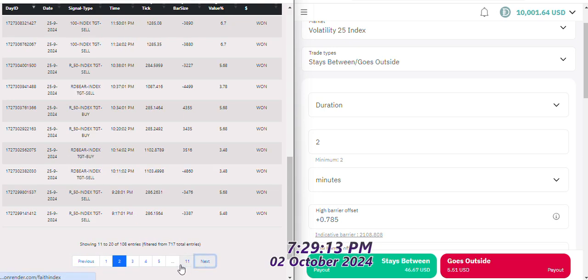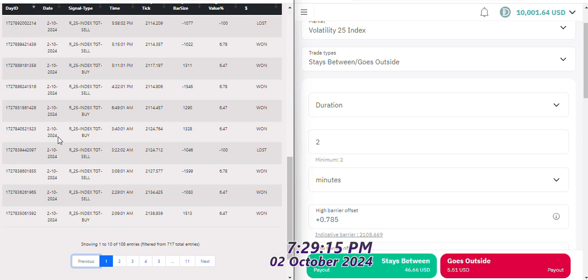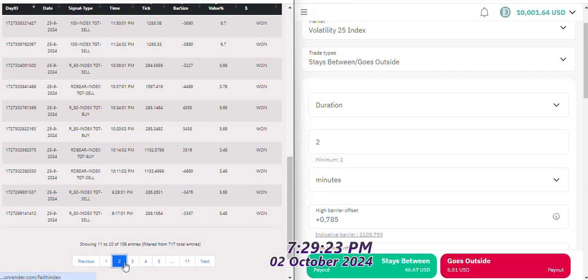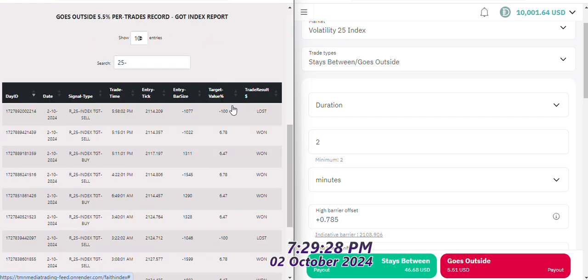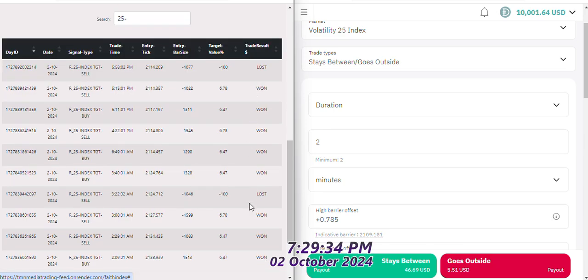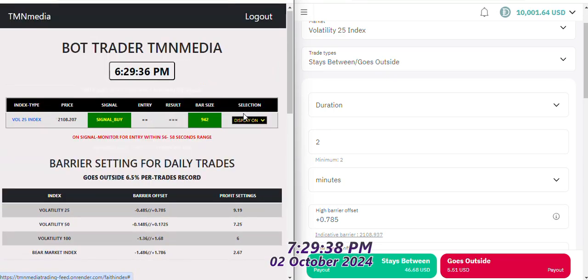Today is second. Okay, so it's only supposed to show second. So this is second. It has only had 10 trades here, and it has had 2 losses. Okay, 2 losses. So I'm not bothered about the losses.